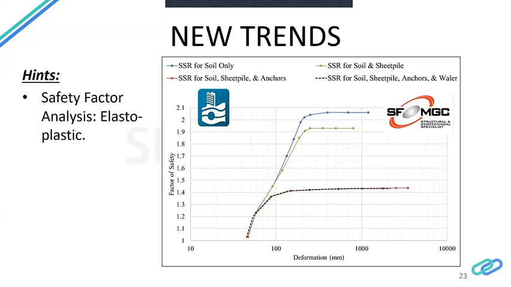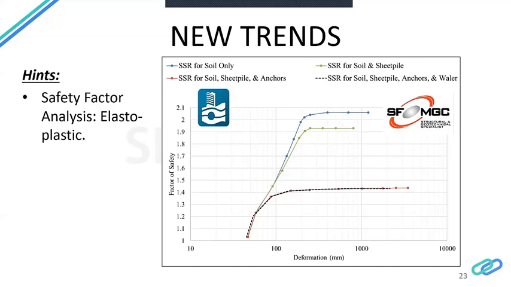For this, as an example, I'm bringing here this chart for a shoring system where we have a sheet pile, ground anchors, which consist of the free length and the fixed length, the grout body, and the waler beams, and the soil as well.